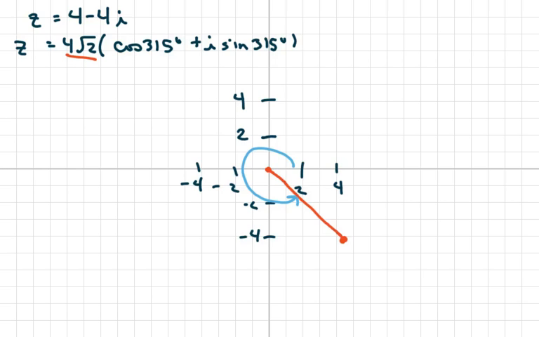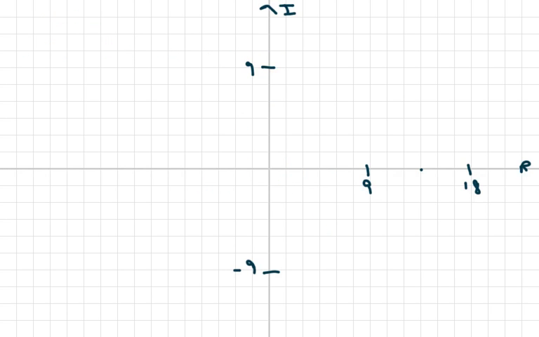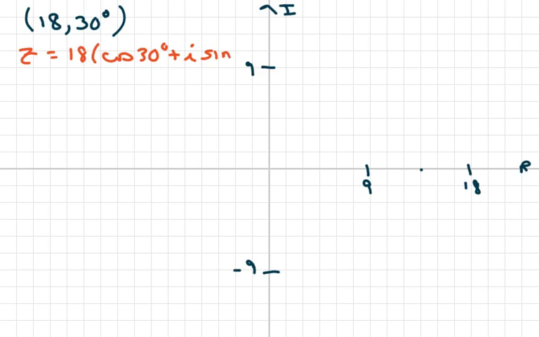Okay? And the next one we had that we already did the work on was we had our r was 18 and our angle was 30 degrees. So I kind of labeled this already. Let's do our argument in degrees. So we get 18 cosine of 30 degrees plus i times sine of 30 degrees.